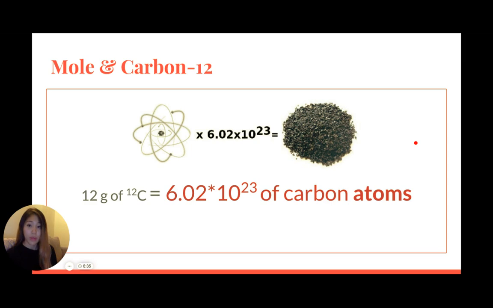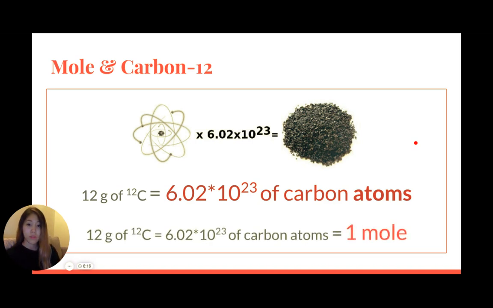So 12 grams of carbon-12, so carbon that has the atomic mass of 12, because not all carbons have atomic masses of 12, right? 12 grams of carbon-12 is equivalent to exactly 6.02 times 10 to the 23 carbon atoms. Simply said, you could say that this is equivalent to 1 mole.